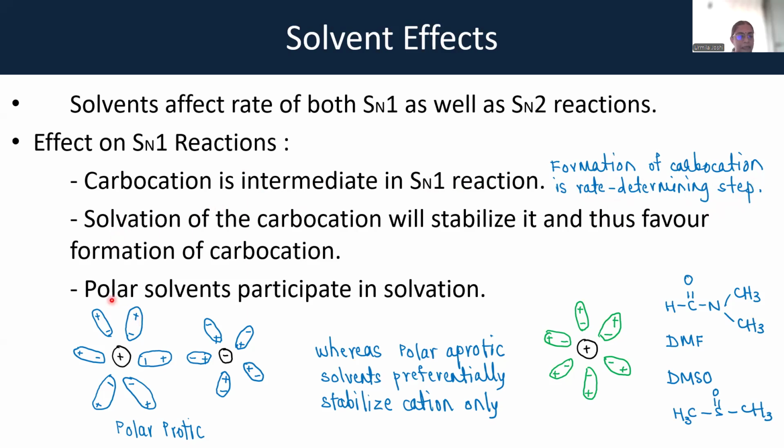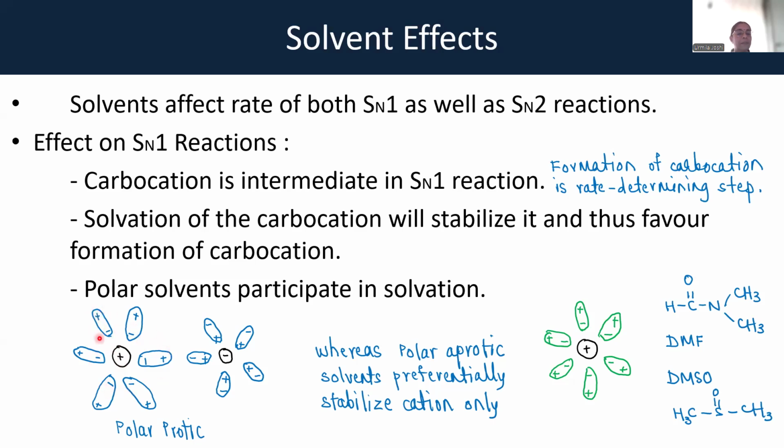Now, if there is polar protic solvent, it exists in form of dipole like this. Okay, there is a negative part and there is a positive part. So, polar protic solvent molecules orient themselves around the carbocation in such a way that the carbocation is stabilized. Their negative charge is towards the carbocation, positive charge is away from it.